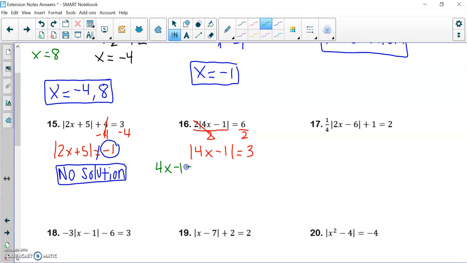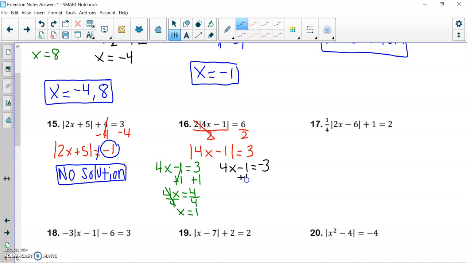To find the first solution, I just drop my absolute values and rewrite my equation normally. To find my second solution, I drop my absolute values and set it equal to a negative 3. Now I'm going to solve both of these equations for x. I'm going to add 1 to both sides in the first one, and then divide by 4 on both sides to get x is 1.